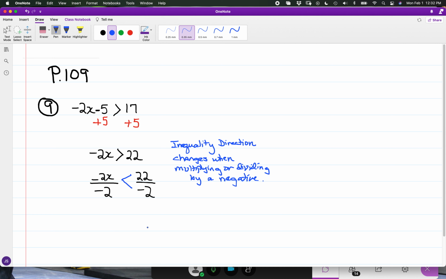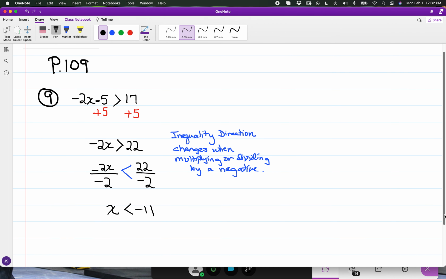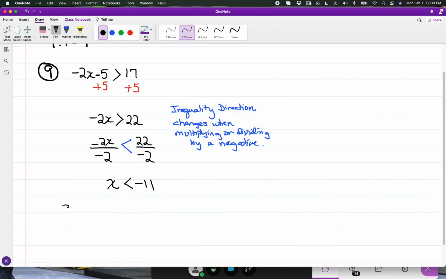All right, so on the left-hand side we're going to have that x is less than negative 11. This is going to be our defining inequality. If I express what I have as a graph, with a little bit of a sketch on a number line, I have the number negative 11.